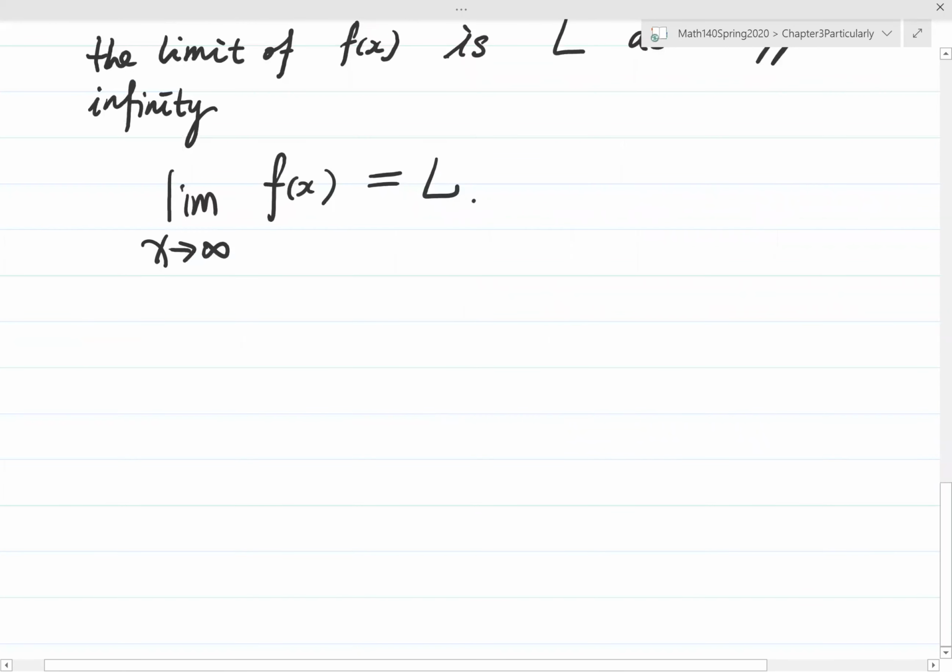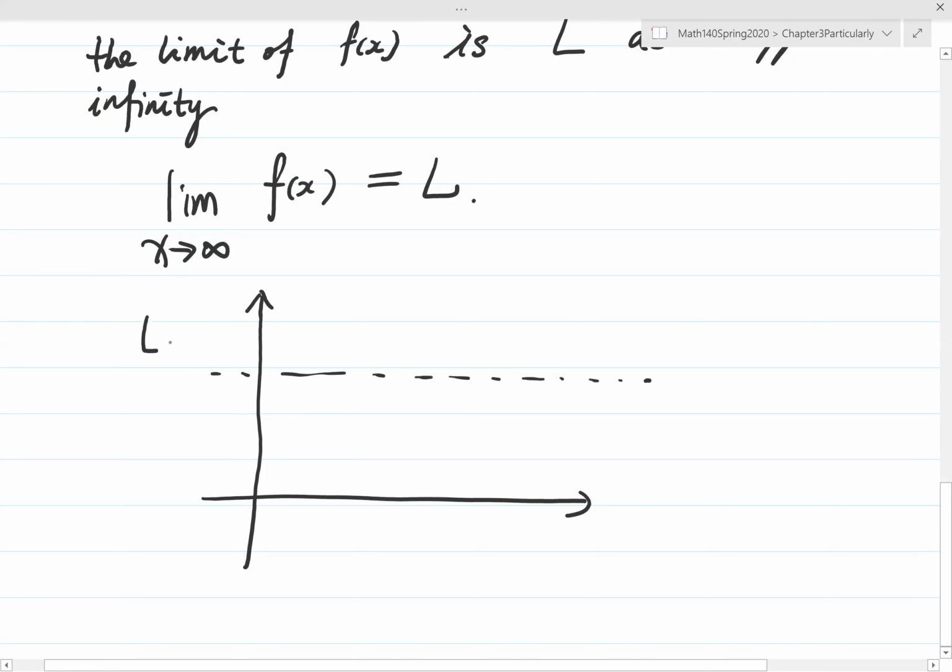Okay, so if we plot a graph, suppose this is L. Now f(x) approaches L as x becomes arbitrarily large.